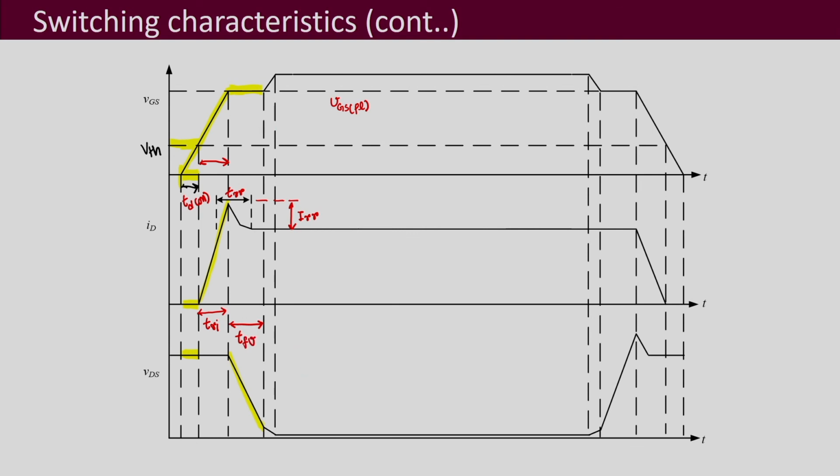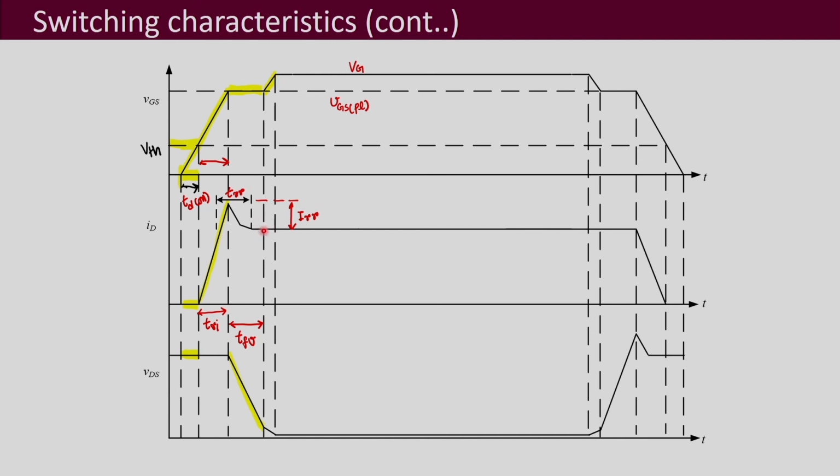Further, whatever voltage is finally left out, that means the difference between this VGSPL and the final voltage the voltage source is providing, which we had denoted as capital VG, is what is further increased, and during that period it is this increase that you will be observing in the gate to source voltage.